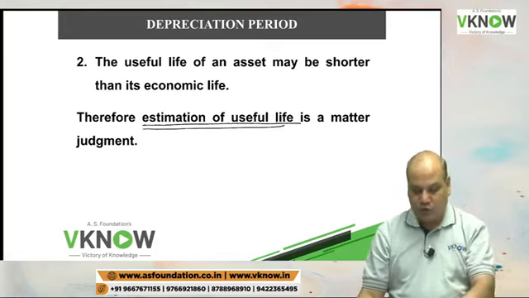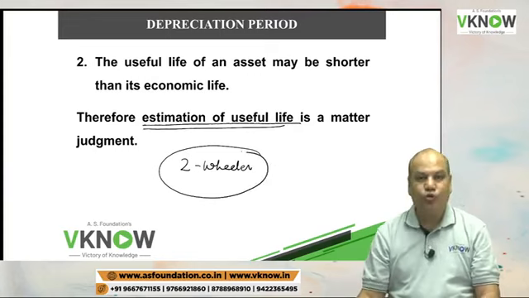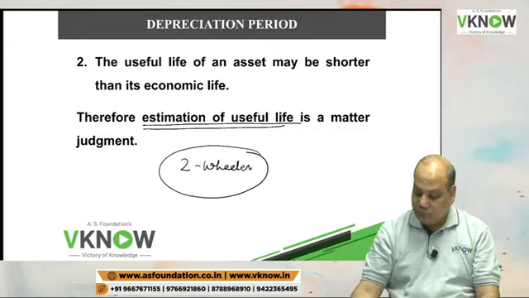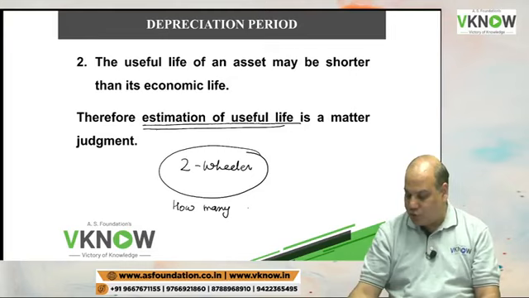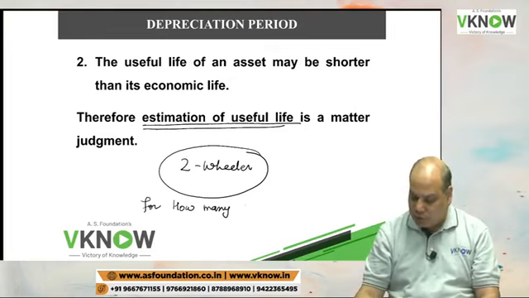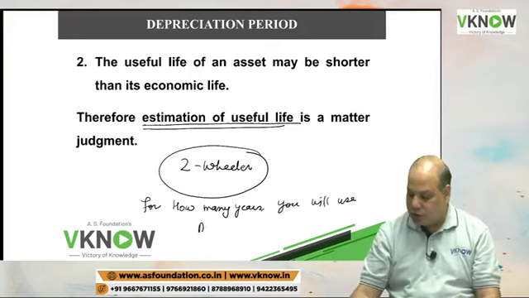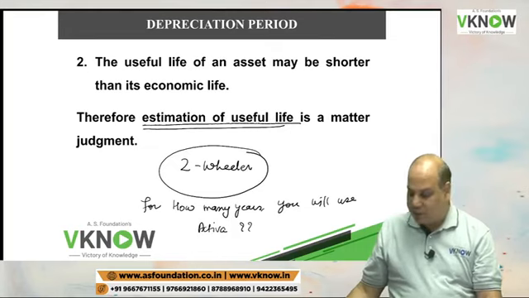I will ask you a question. You probably have a two-wheeler with you. All of you who have a two-wheeler will answer: how many years are you going to use that two-wheeler? Say that the two-wheeler is an Activa. Suppose all of you own an Activa.